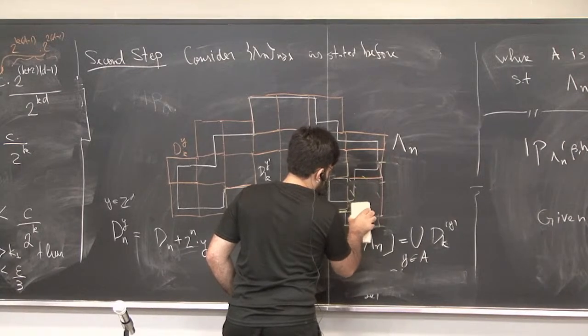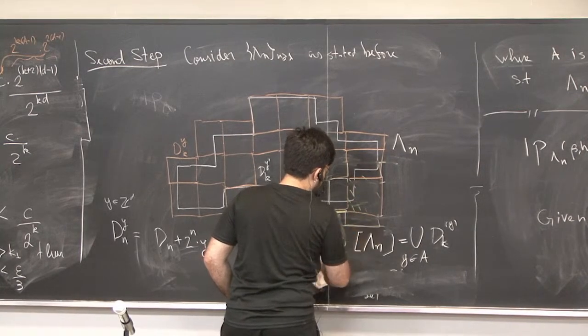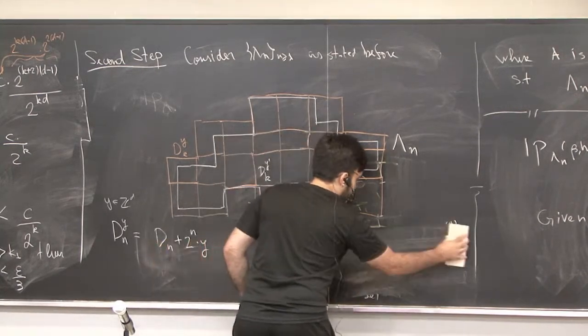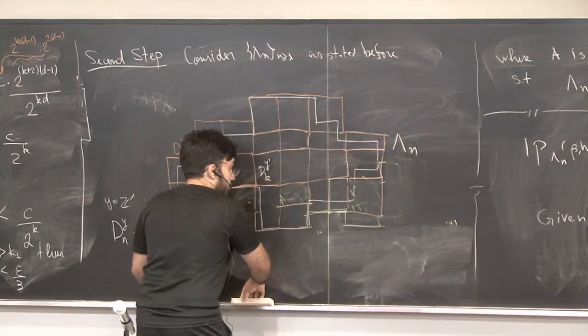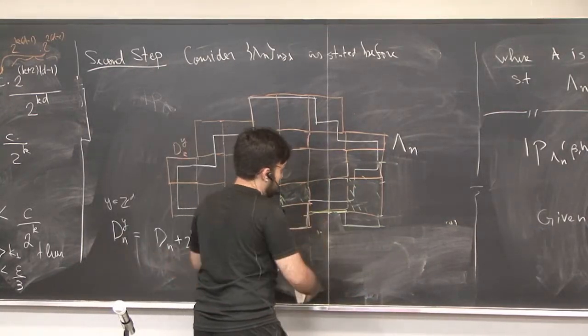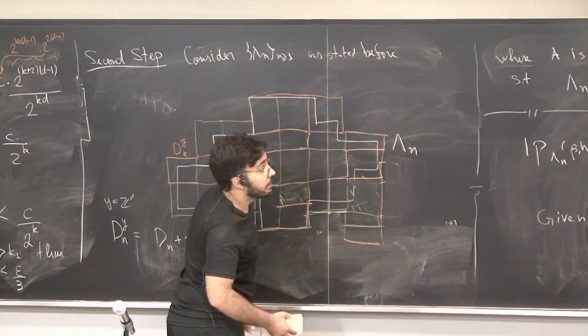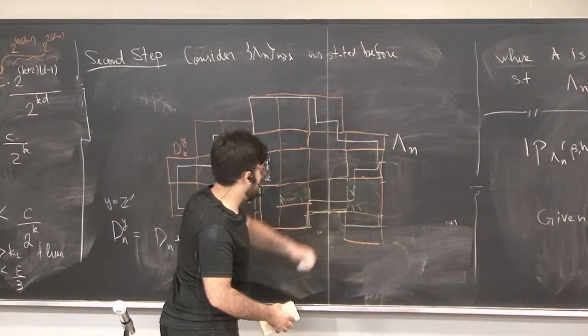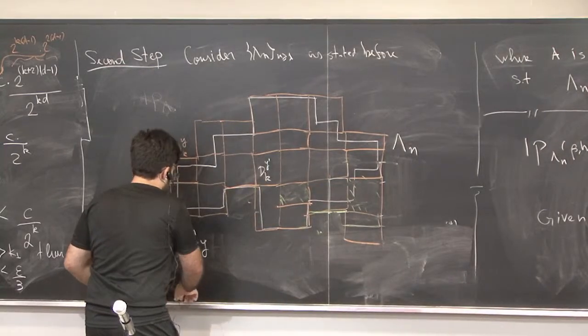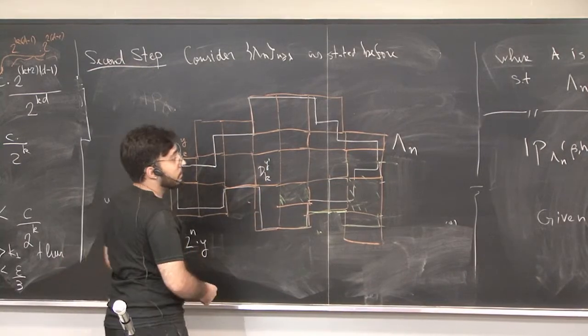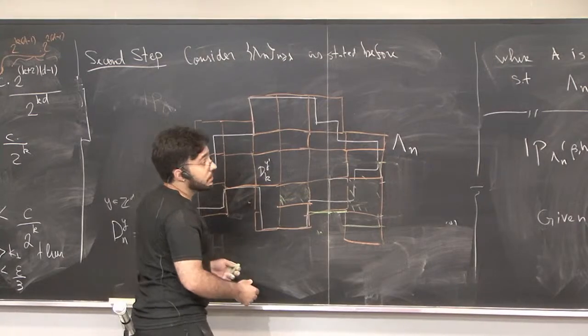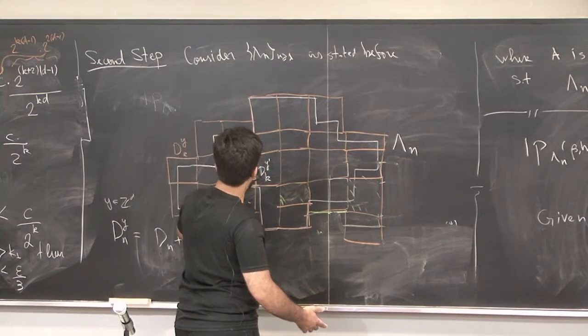But the real set is the set in white. Okay. So what is delta n in this case? Delta n will be the difference between the cover and the set that it contains.